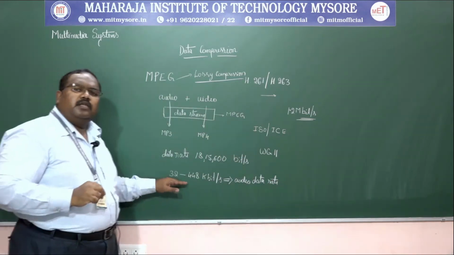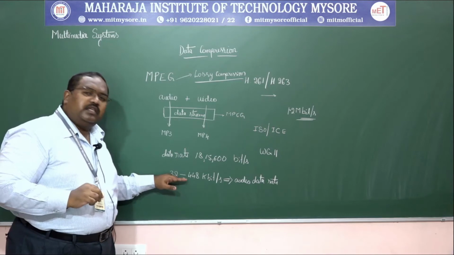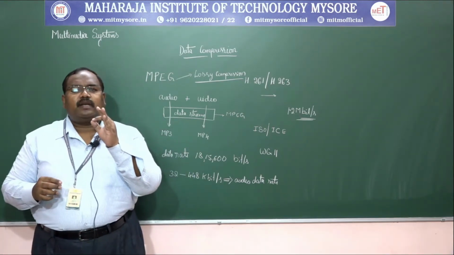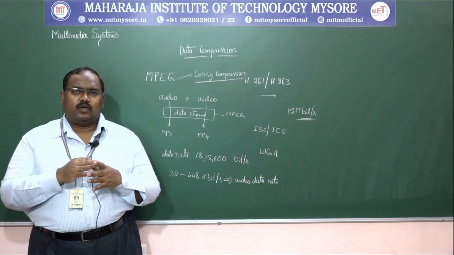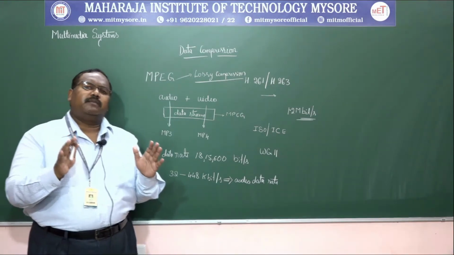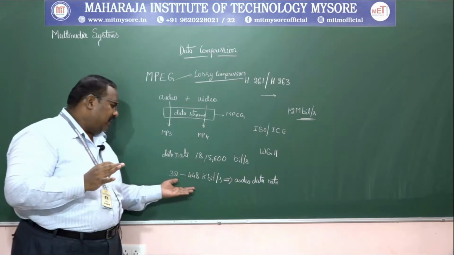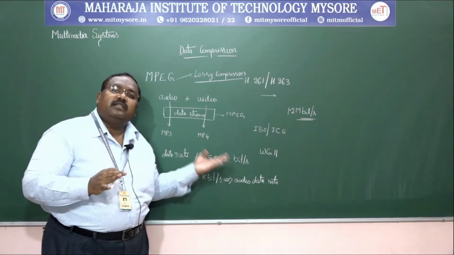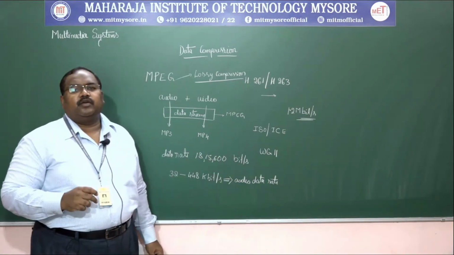This is very interesting. This data rate enables video and audio compression with acceptable quality, meaning the satisfactory or desirable data rate is between 32 to 448 kilobits. This has been achieved with respect to Mpeg.